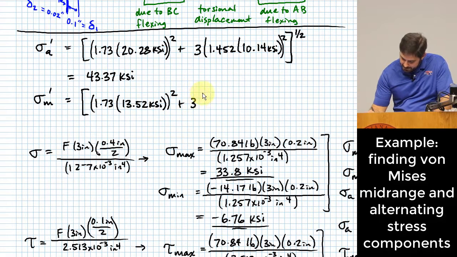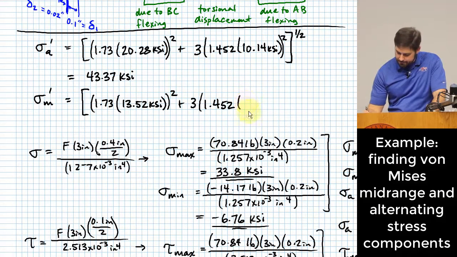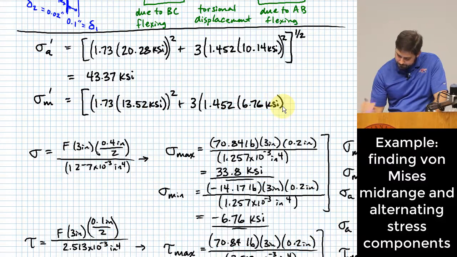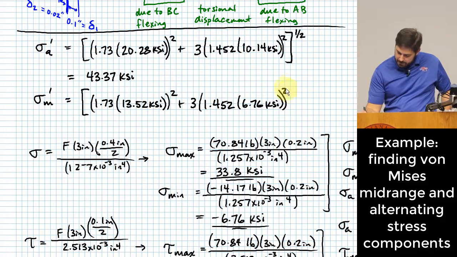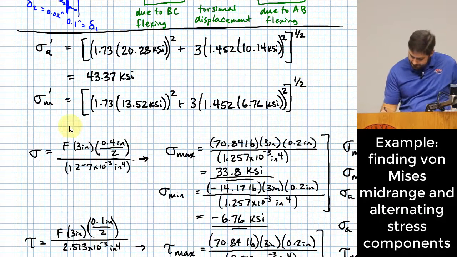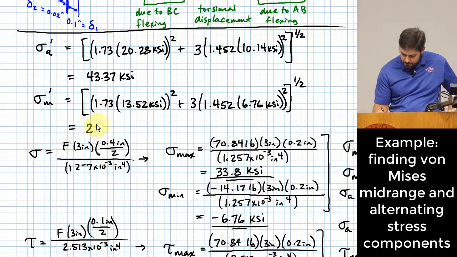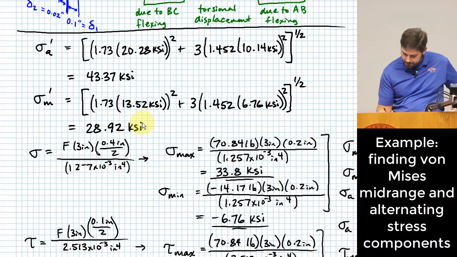We add to that 3 times the stress concentration factor for shear, for that torsional component, multiplied by the mid-range component for shear. That will be squared, and we take the square root. And once we've done all of that, we get 28.92 KSI.